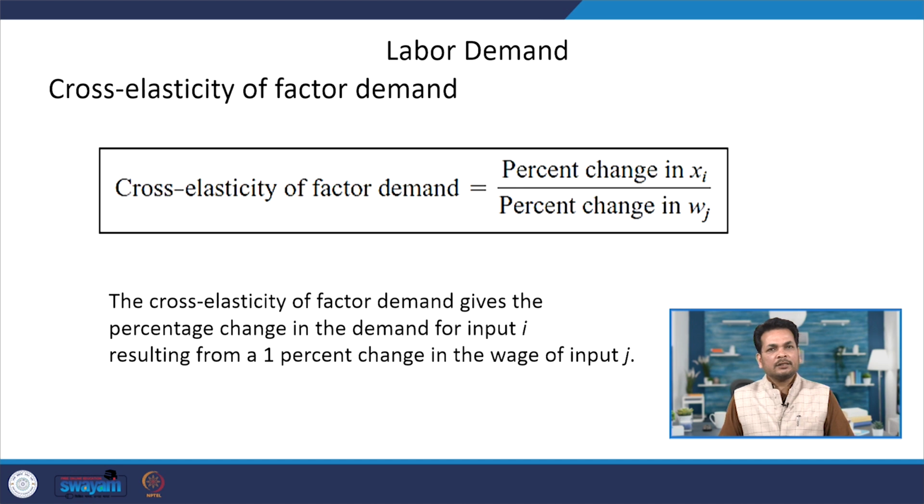It is the percentage change in xi, the quantity demanded for factor input i, with the percentage change in the price of factor input j. So, the cross elasticity of factor demand gives the percentage change in the demand for input i resulting from a 1% change in the wage of input j.